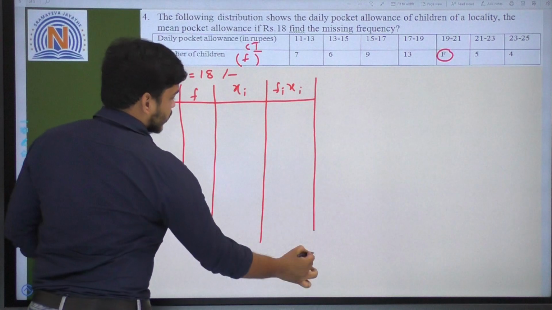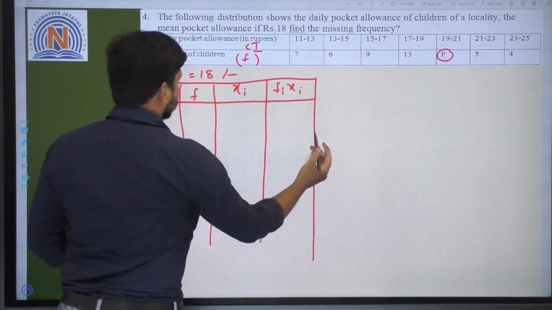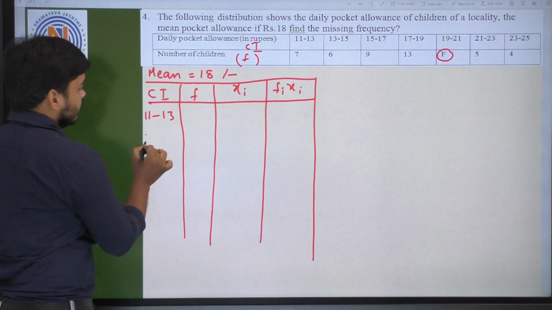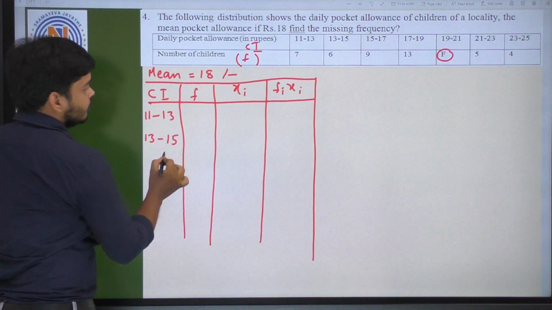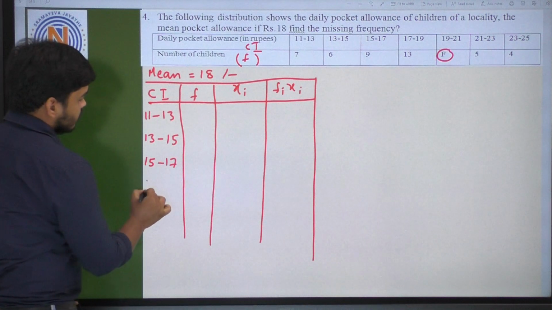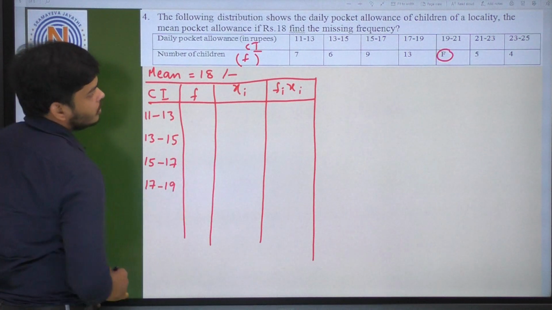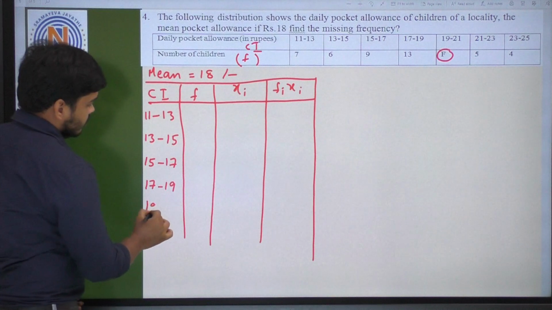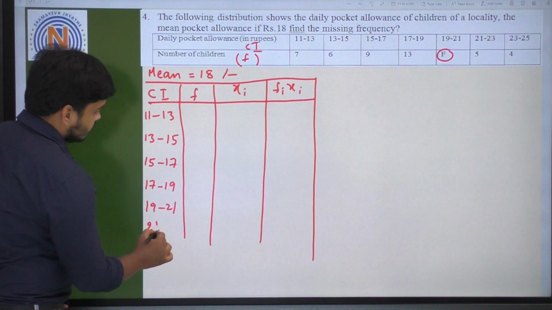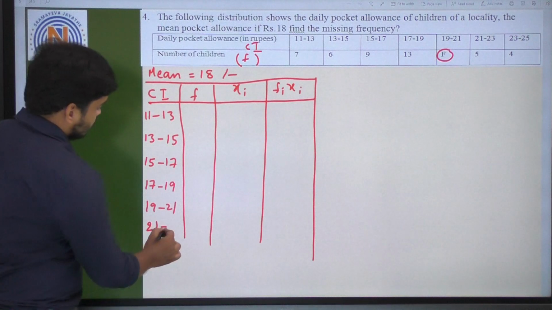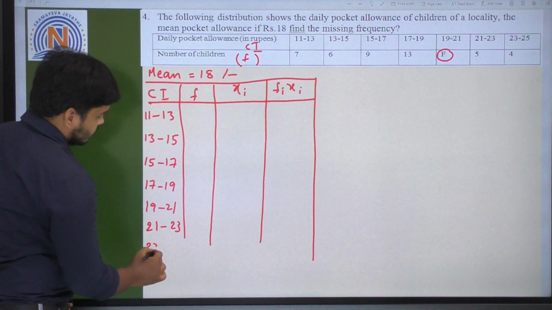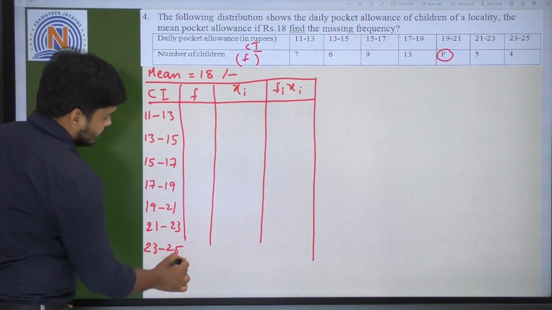This is the required tabular form. The class intervals are 11 to 13, 13 to 15, 15 to 17, 17 to 19, 19 to 21, 21 to 23, and 23 to 25.